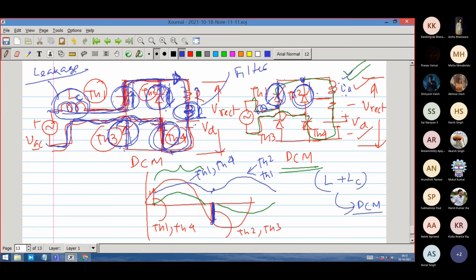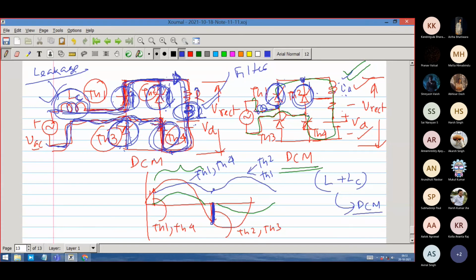It has some resistance also, but resistance is less problematic than inductance in this case. So the inductance presence in this side and an inductance presence in the DC side are like challenging each other. When they are conducting, they are in series. There is no issue. That means the current in the inductor has developed.